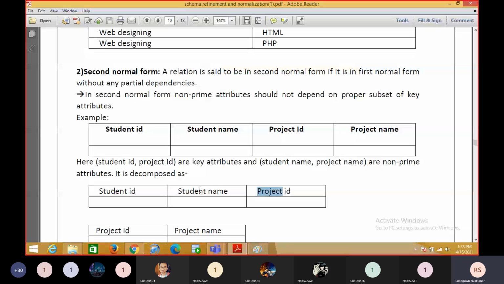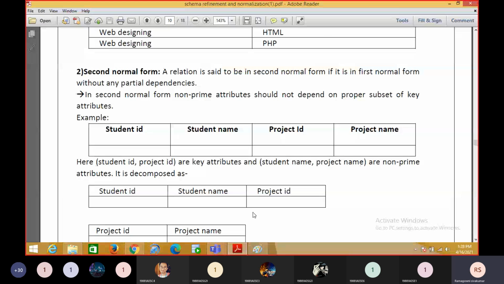That means this project name is fully dependent on the project ID, but not on the student ID and all. So we can convert partial dependence to full dependence. That's what second normal form is.